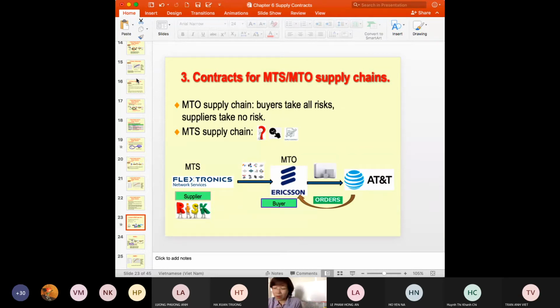Make-to-stock is sharing the risk between supplier and buyer. The supplier shares risk from the buyer.